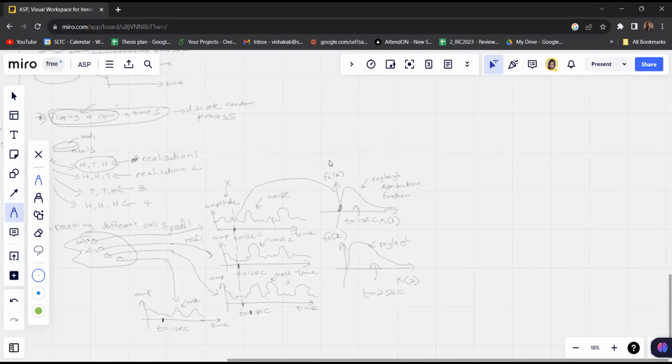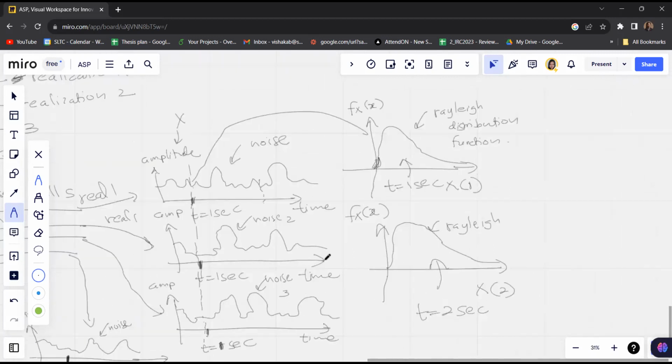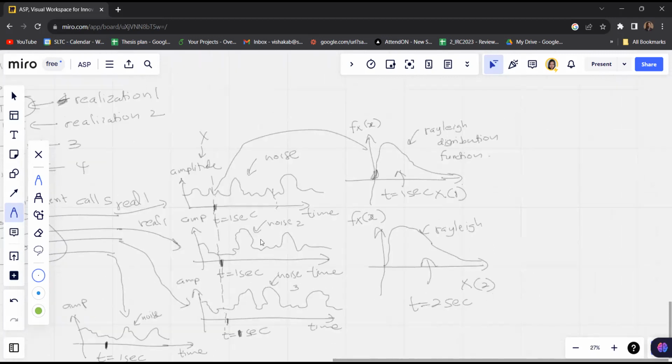As I said before, each of these points can be denoted using a probability density function, right? After you have decided the probability density function for these time instances, we can find the average of the random variable at time equals 1. So the average value, you can find the expectation of the variable at x1.